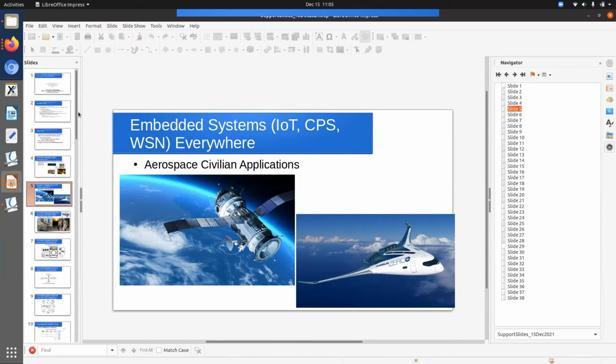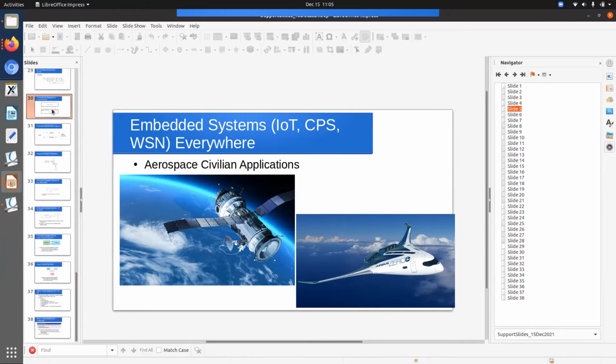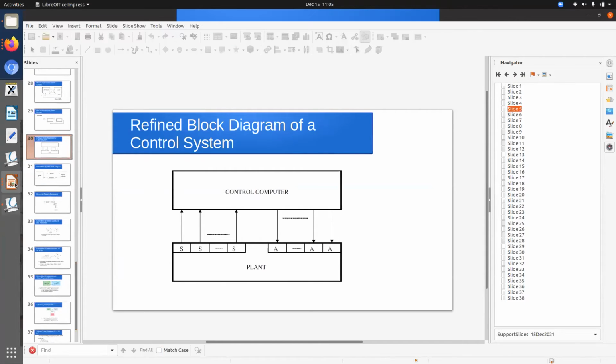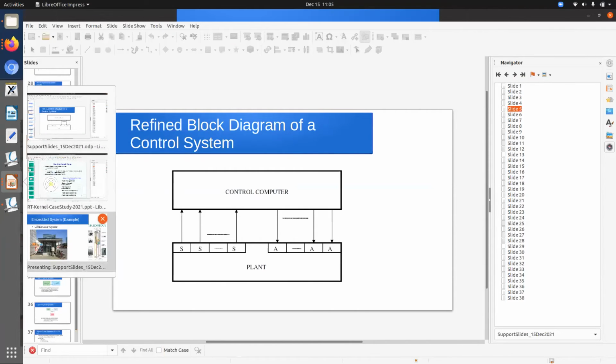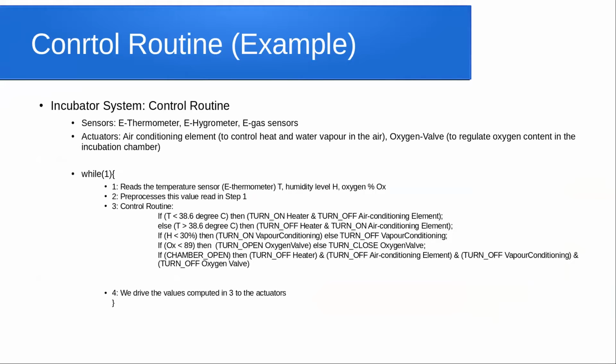Right. So let me continue then. Let's understand now a little bit of the internal details of what comprises such a system. For instance, typically, let's take an example of an IoT enabled incubator system.